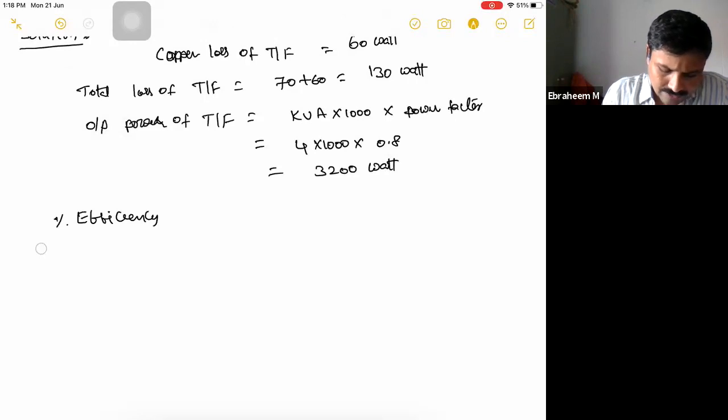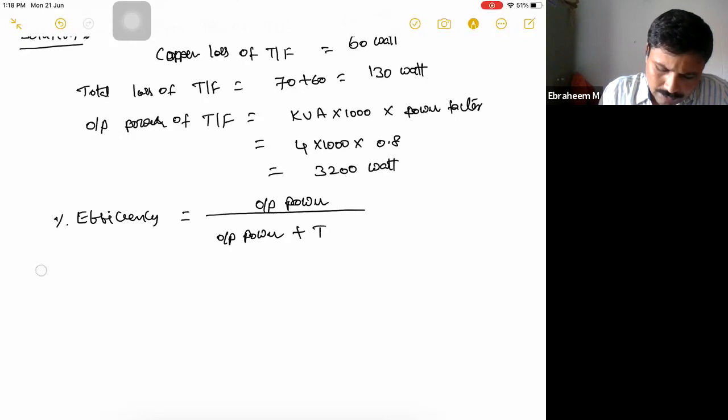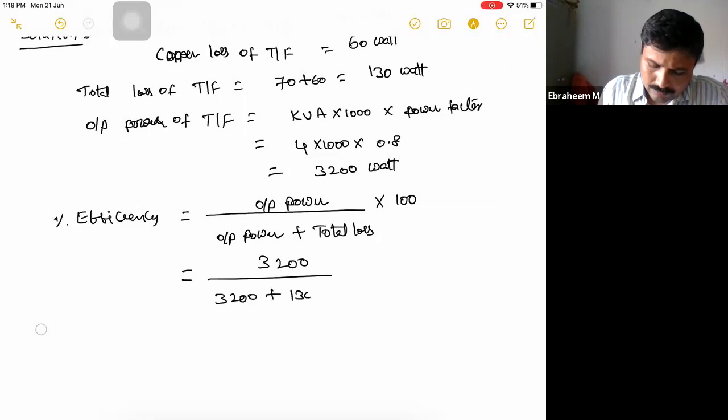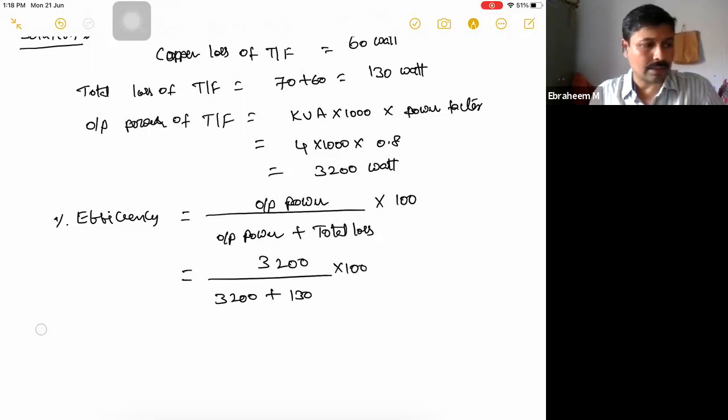Now we can calculate efficiency. So percentage efficiency is equal to output power divided by output power plus total loss, multiplied by 100. So this output power is how much? 3200 divided by 3200 plus 130 watt, into 100. Quickly tell me the answer.